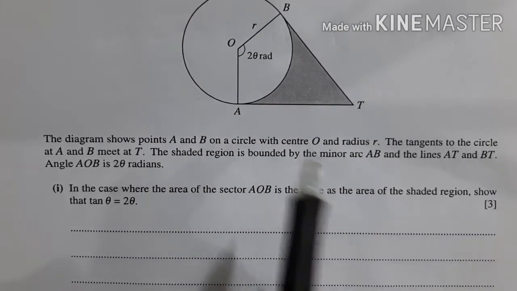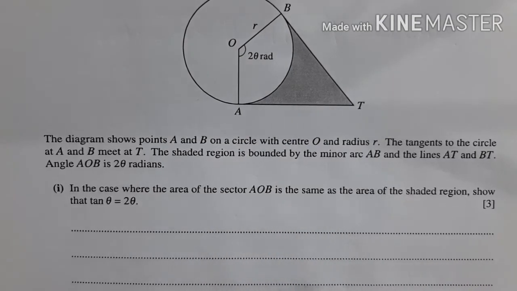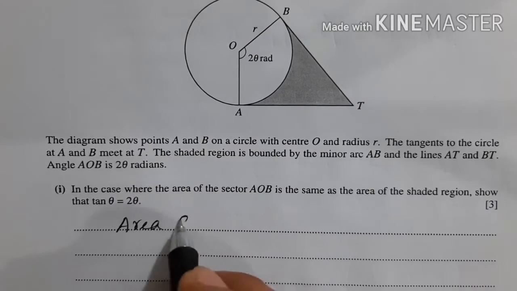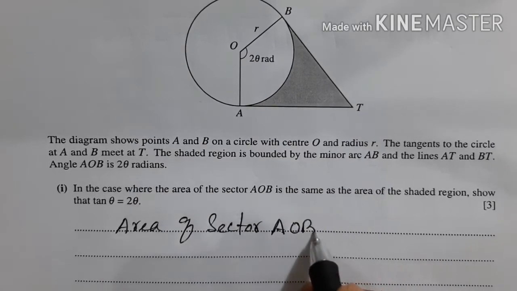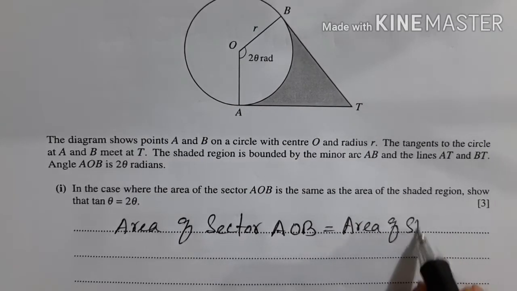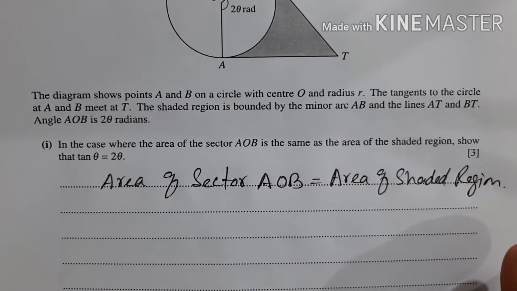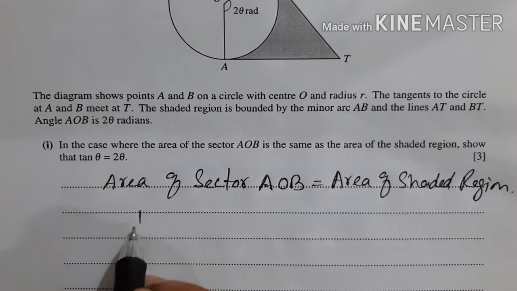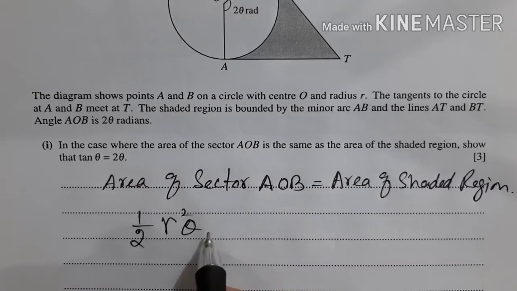It is given that the area of the sector is equal to the area of the shaded region. So the area of sector AOB is equal to the area of the shaded region. The formula for the area of a sector is 1 by 2 r squared theta.